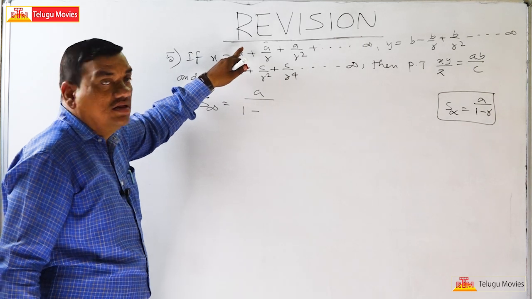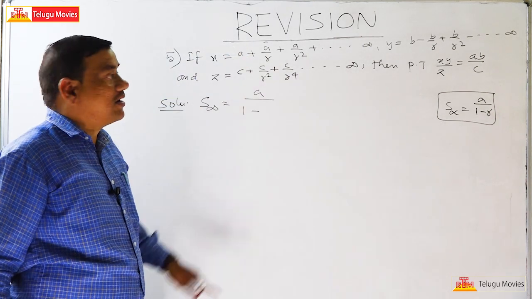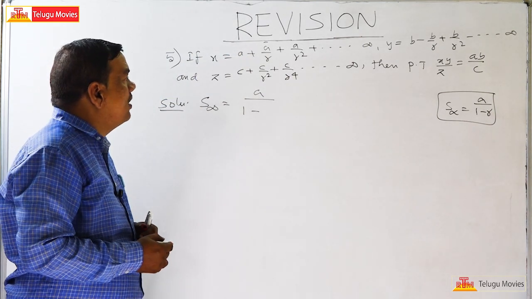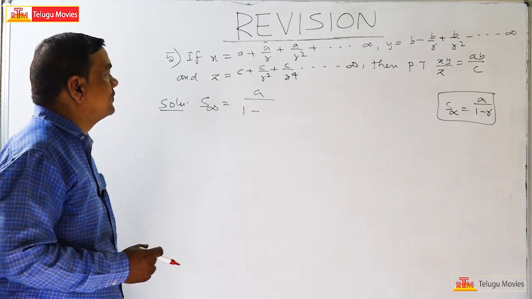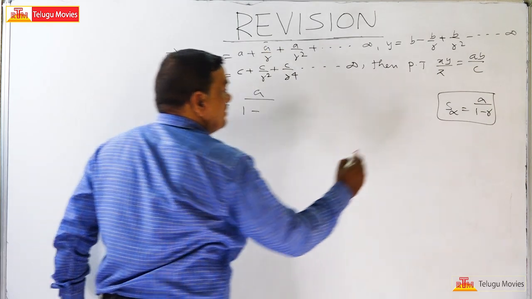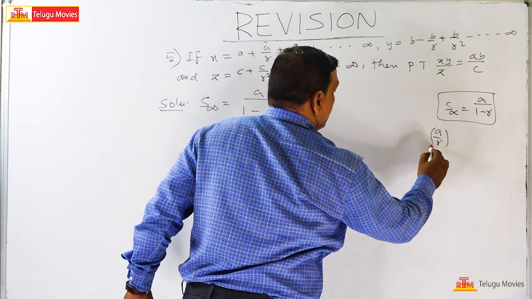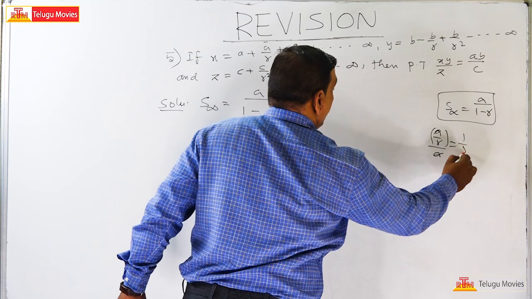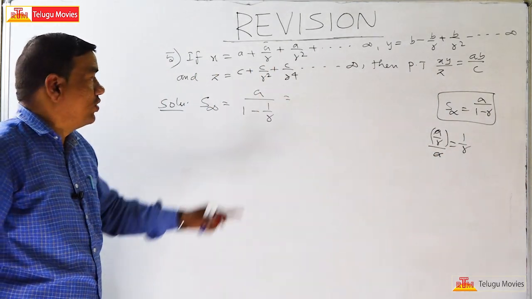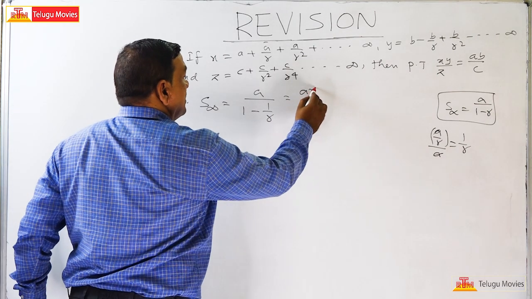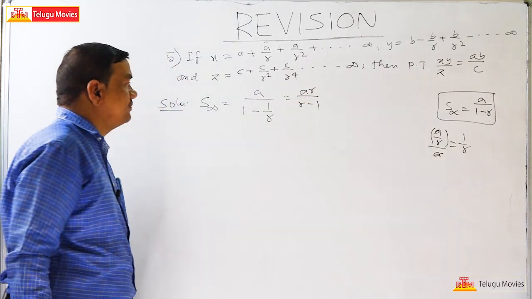If you see here, the common ratio is second term by first term, that means a by r by a, cancel, 1 by r. So the common ratio is 1 by r only. If you simplify this, it is a r by r minus 1.